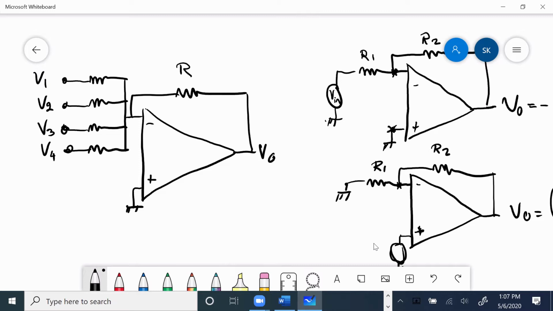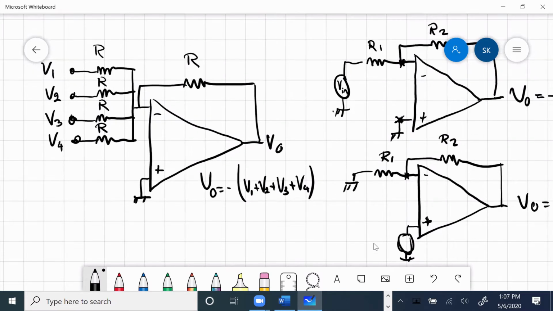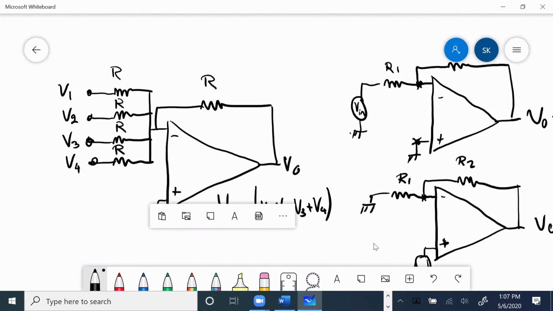And if I make them all R's, then V out would be minus V1 plus V2 plus V3 plus V4. This is yet another summing amplifier. I can use the same circuit and call this, for example, no, that would confuse you.